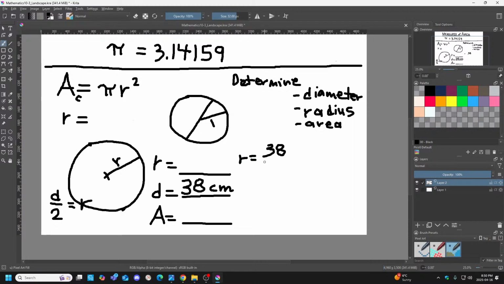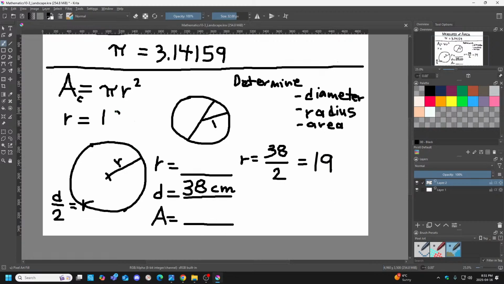We'll solve for R quickly. 38 divided by 2, enter. 19. Boom.